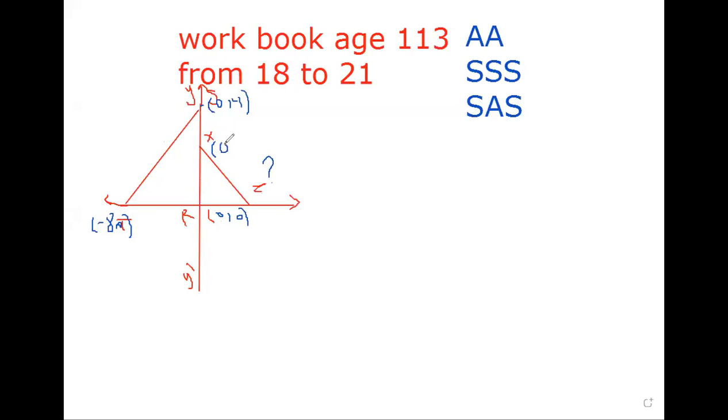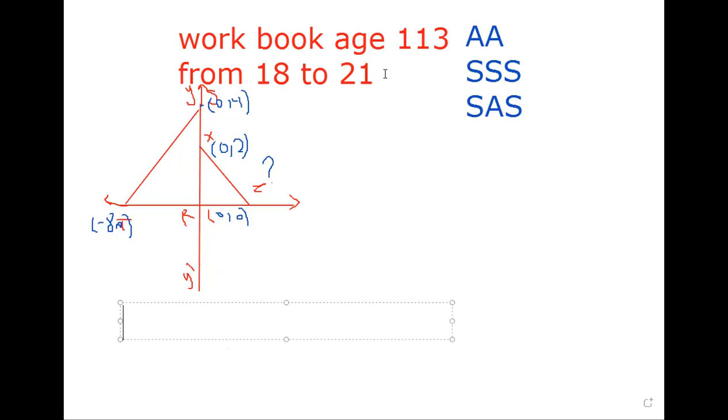Can anyone tell me how we can find Z? To prove that two triangles are similar, as I said, we are looking for proportional sides. Which two triangles is he working with?